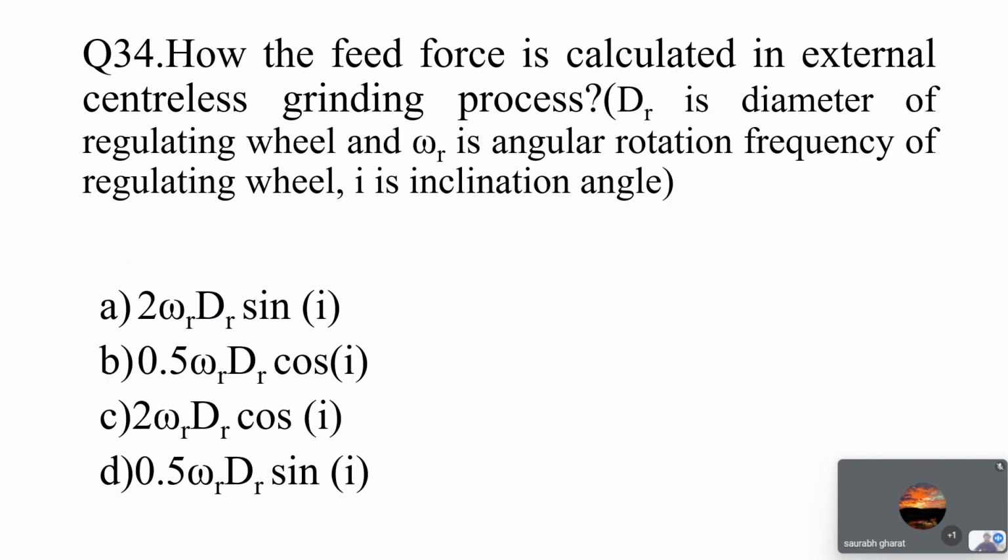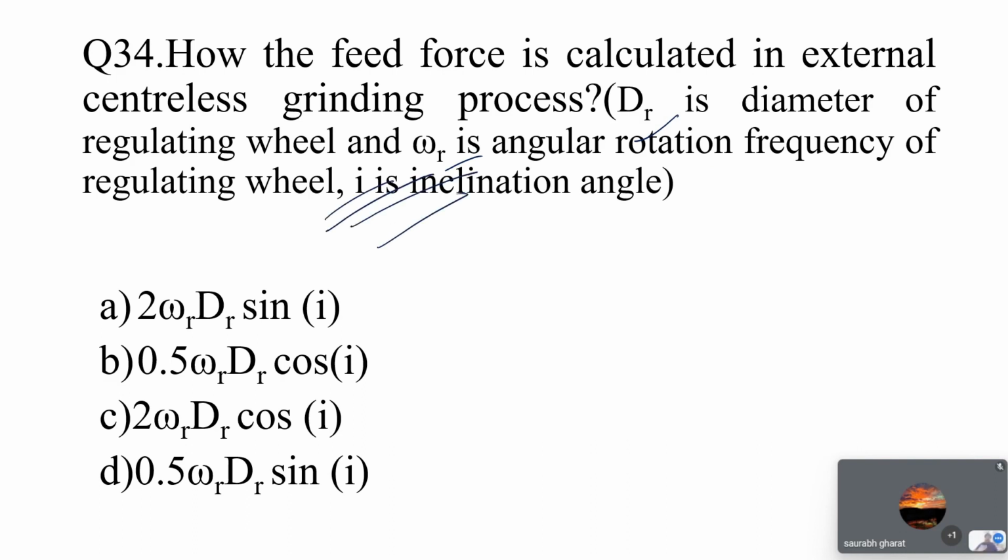Again, how is the feed force calculated in the external centerless grinding process? Here dr is the diameter of the regulating wheel, omega is the angular frequency, the rotation frequency of the regulating wheel, and i is the inclination angle.